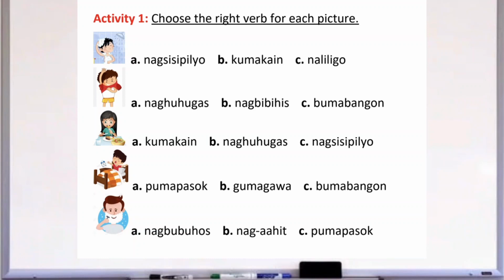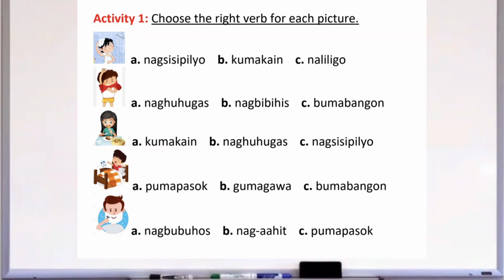What is this little guy doing here? Is it A, naghuhugas, B, nagbibihis, or C, bumabangon? Did you get it? It's B, nagbibihis, from the root verb bihis. It means to get dressed or change clothes.